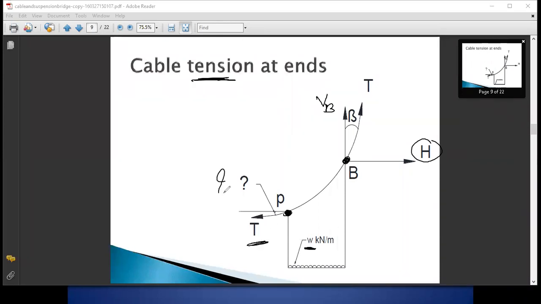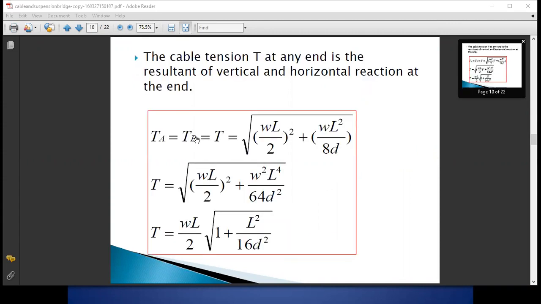So what will be the tension in the cable at the end, that now we will find out. So the cable tension capital T at any end is the resultant of vertical and horizontal reaction at the end, right?